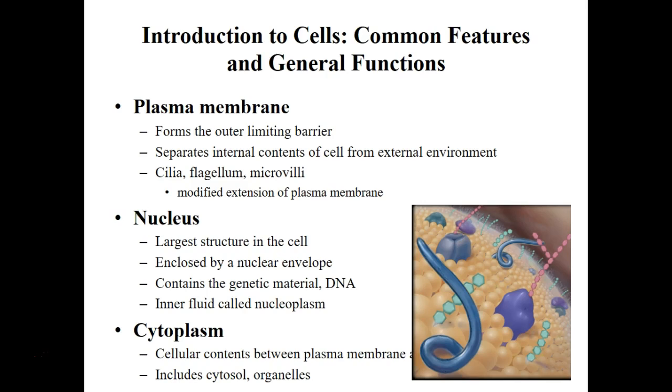So this is common amongst all eukaryotic cells: we all have a plasma membrane, a nucleus, and a cytoplasm. The plasma membrane is a bimembrane, or a double membrane barrier, that separates the extracellular and intracellular regions.